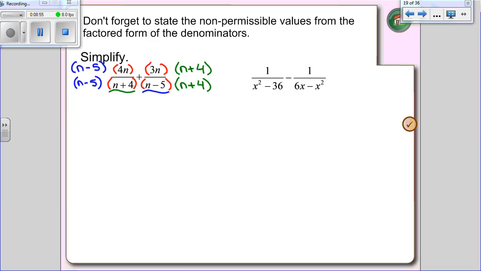What I don't want you to do is I don't want you to look at a question like this. And something a lot of people will do is they'll look at that and they'll say, well, this is an n plus 4 and this is an n minus 5, so that means I need to subtract 5 from this one and add 4 to this one.